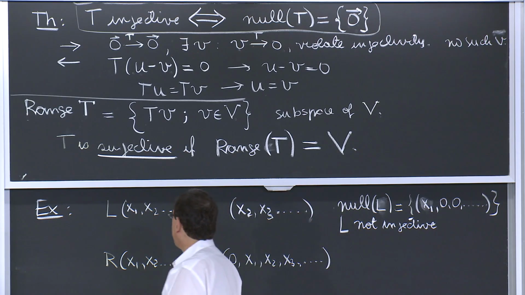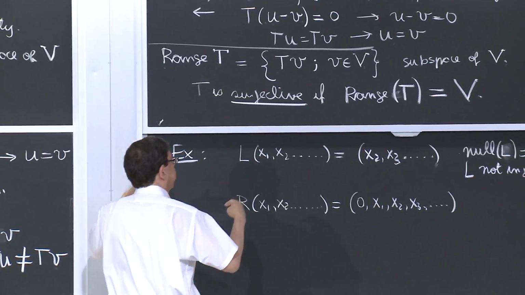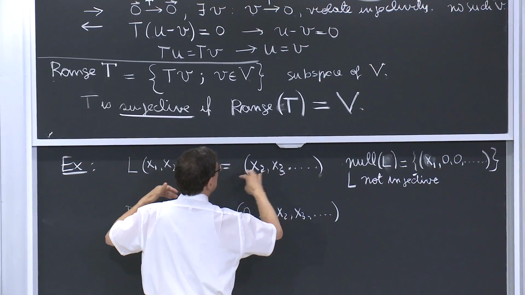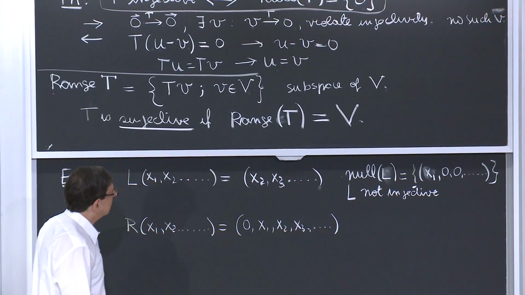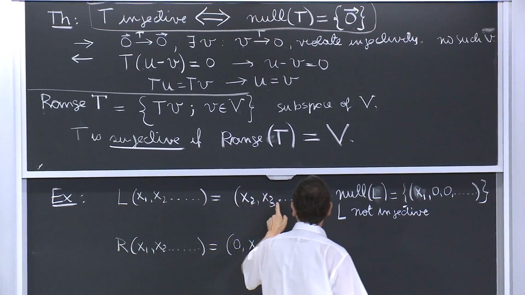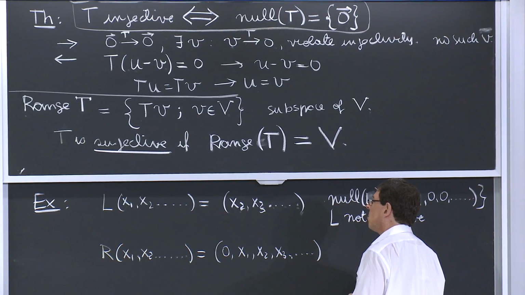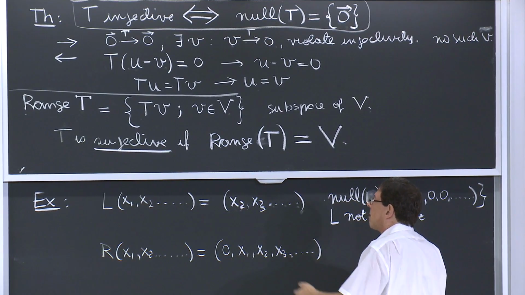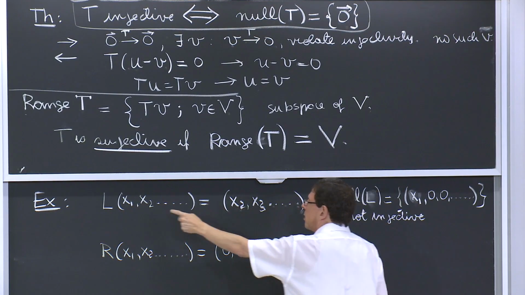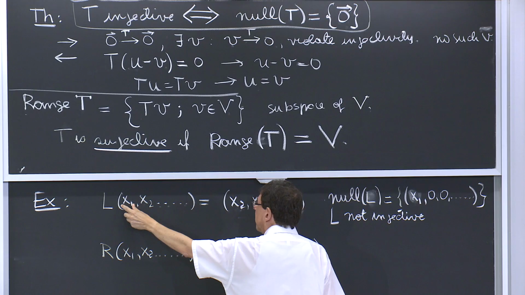Is any element in the range, is the range as big as the space? Well, the range is here. These are the things that I have. So if you present me a vector, I can get it. I simply put those inputs here and put whatever I want here.